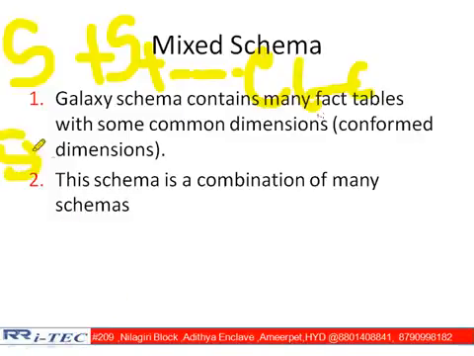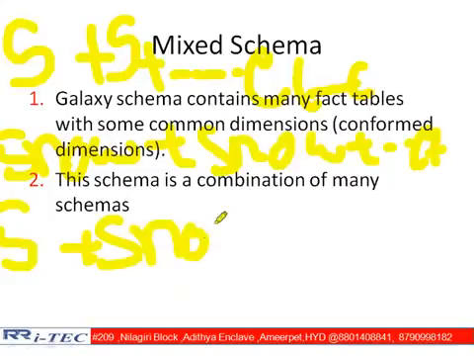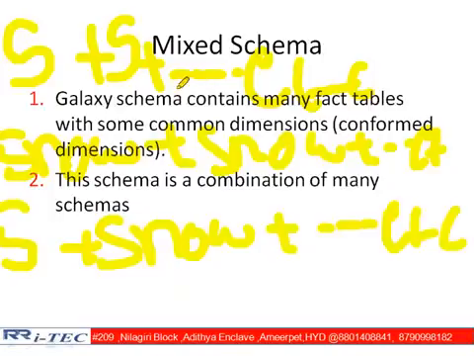If I mix one snowflake schema plus another snowflake schema, and like this n number of snowflakes, that is called mixed schema. If I mix one star schema, one snowflake schema, and something else, then it is called mixed schema. Any combination, n number of stars, is called mixed schema.